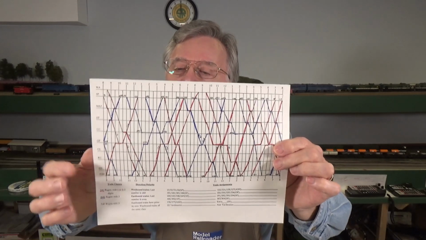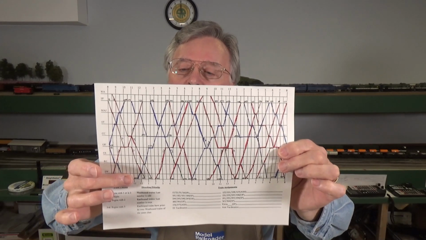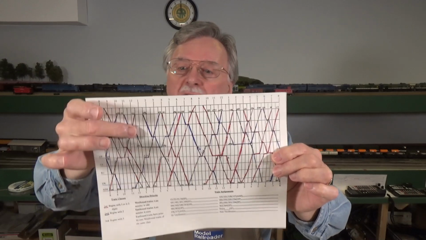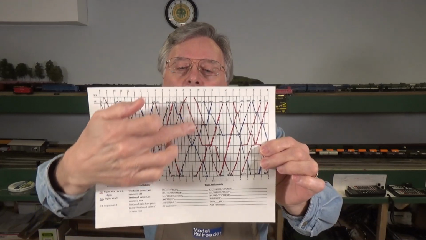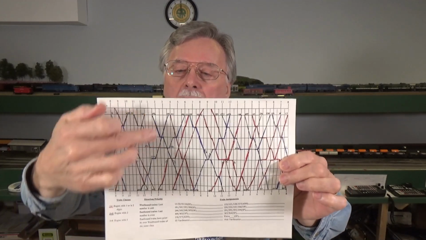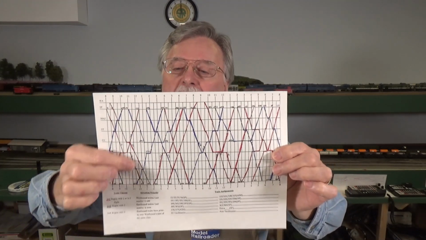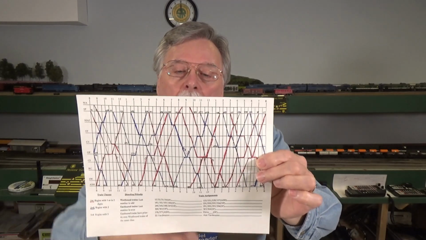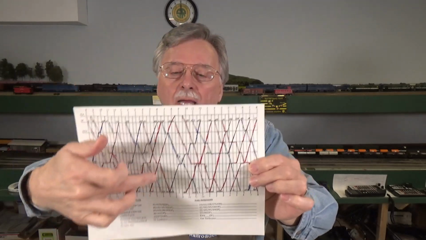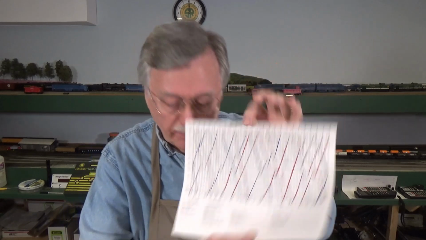Because the dispatcher has to be able to run a train up through this mess of lines somewhere. And by actually looking at the string diagram, you can see gaps in the overall schedule where you could insert an extra train. So let me show you how you go about setting one of these up.